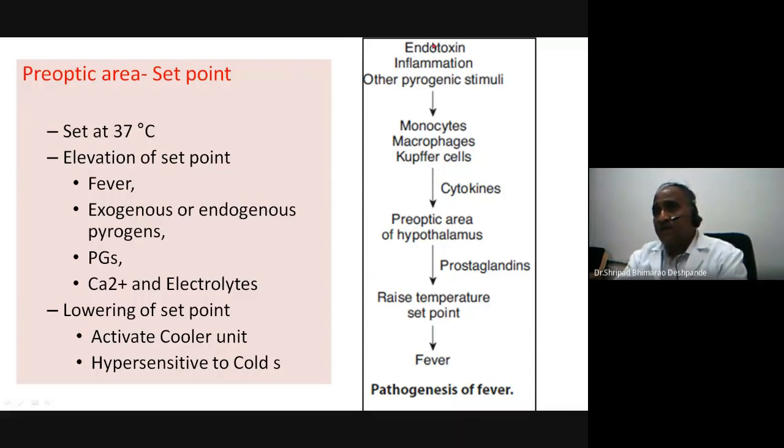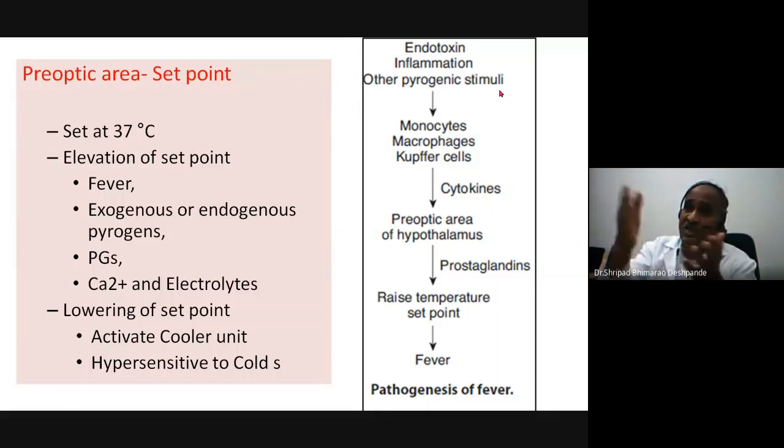And the other toxins, endotoxins, or cell damage, which happens in case of inflammation, other pyrogenic stimulation, bacterial invasion, viral invasion, or certain bacteria secrete a lipopolysaccharide, and all those things are pyrogens. They will activate the immunological cells, the monocytes, the macrophages, and Kupffer cells, and they will increase cytokines.